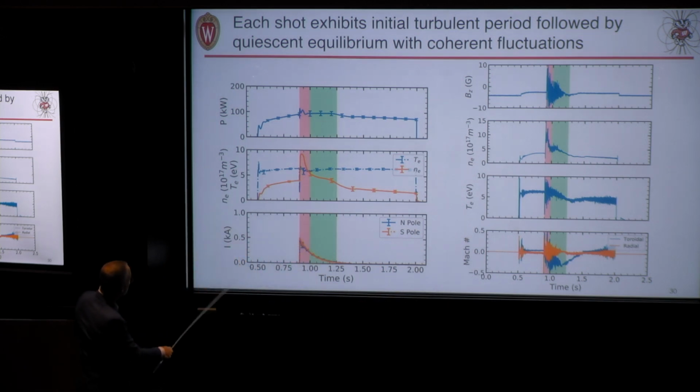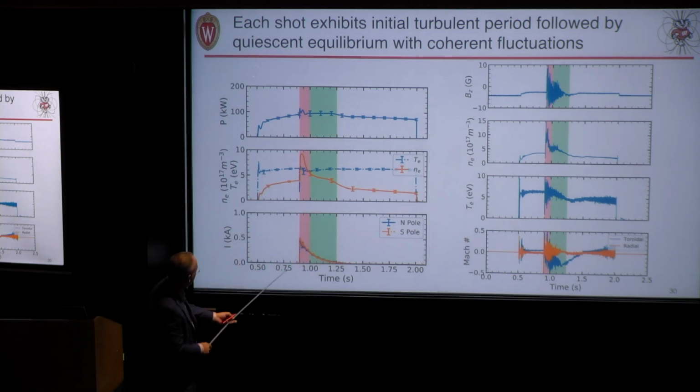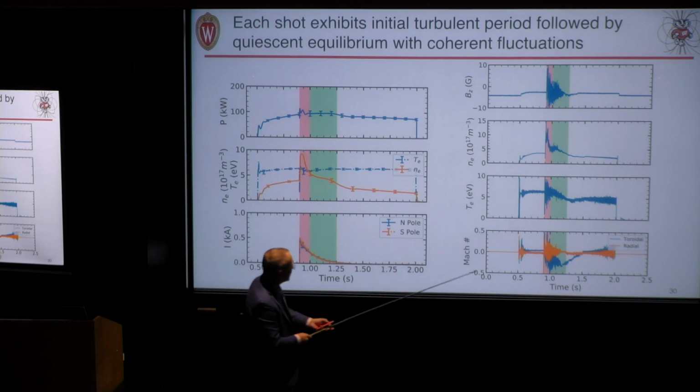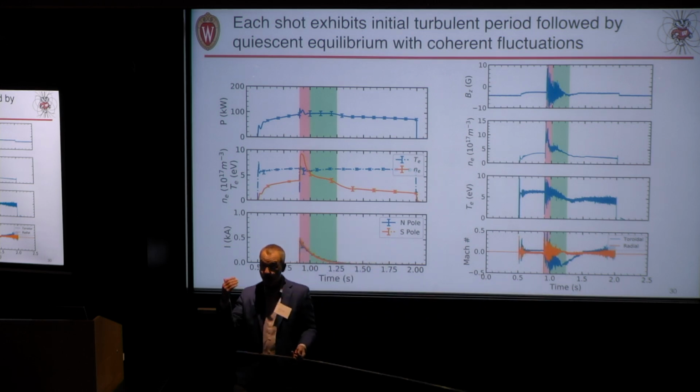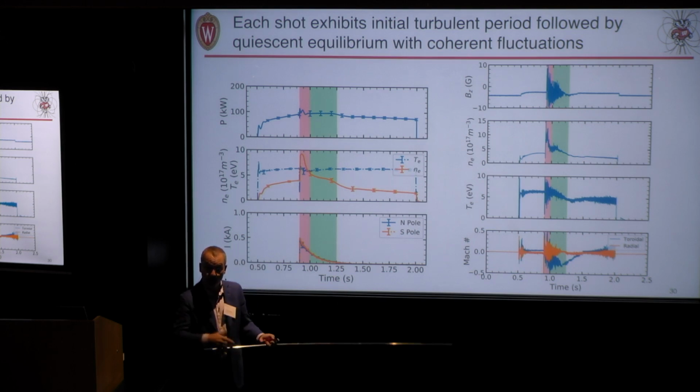This is what one has for time traces. We inject the current. It goes up to about a half a kiloamp and then decays away with time. This is the capacitor bank discharging. And if you look at the signatures of everything, what you find is that there are basically two phases, and I'll refer to these as we go forward. There's one which we'll call a turbulent phase, where the current is large and driving lots of fluctuations.